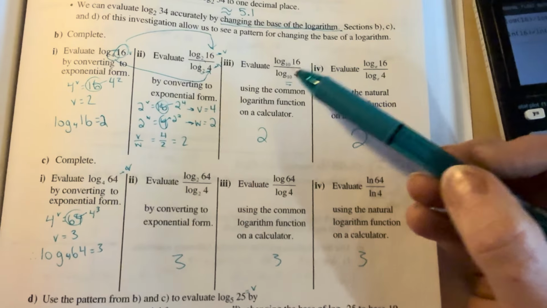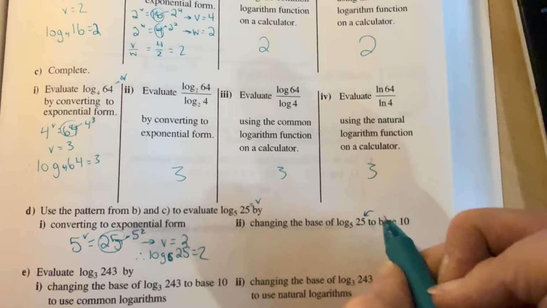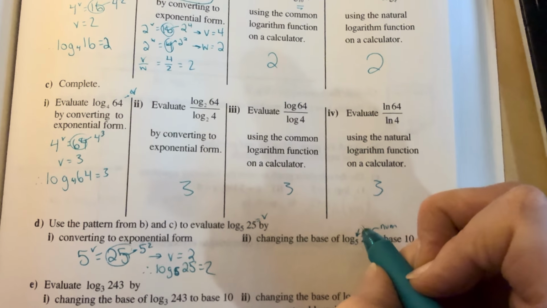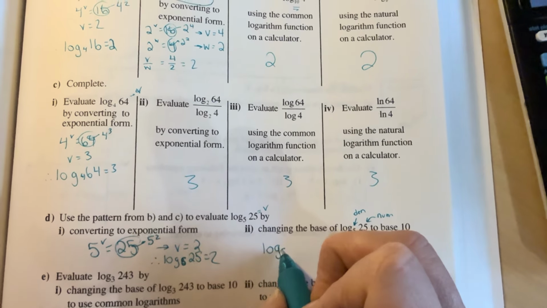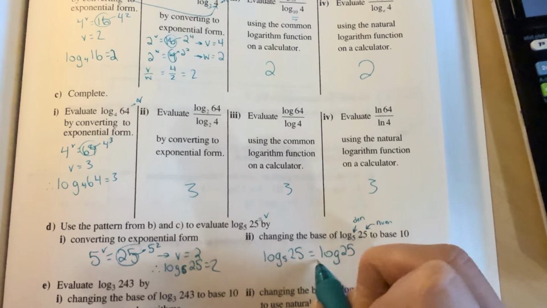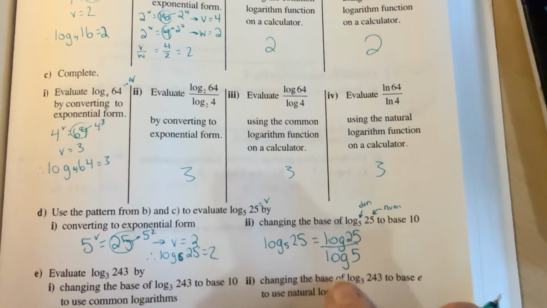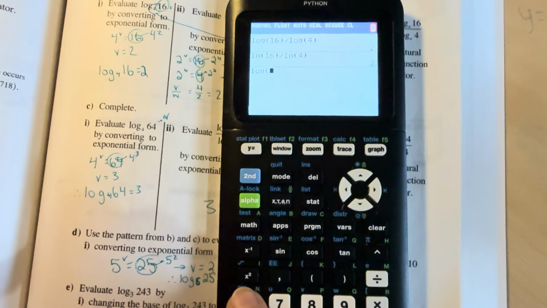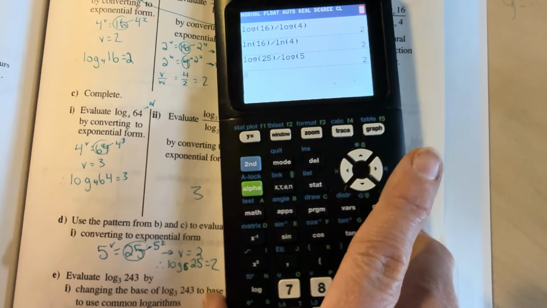I think this version is what they're talking about. The argument goes in my numerator, and the base goes in my denominator. So log base 5 of 25 is equal to log 25, the common log, so I don't need to write the 10, divided by log 5. When we plug it into our calculator, it should equal 2. So log of 25 divided by log of 5 is 2.